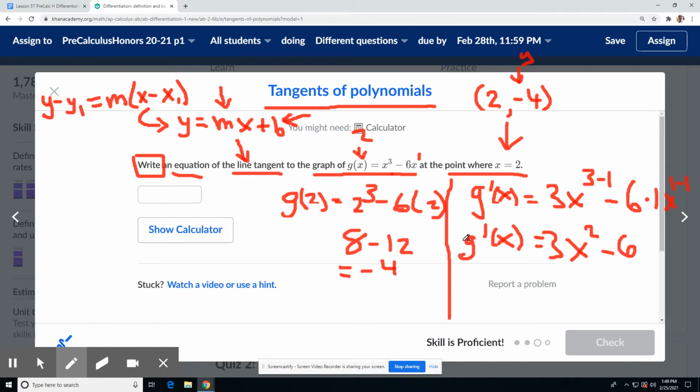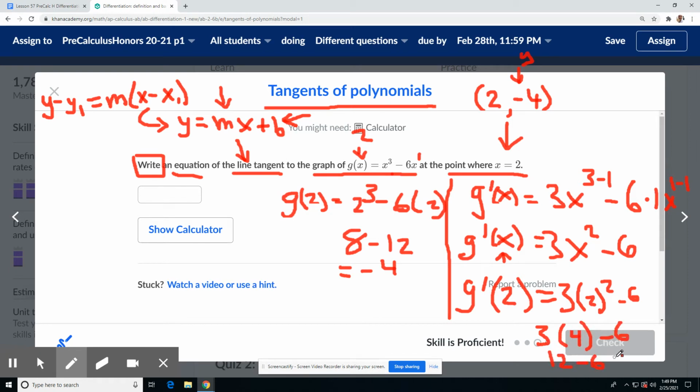Okay, so I just went ahead and dropped it, and I showed it in the last video how I did that. Now, to find the slope at this point, we plug in the input that we're looking at. So that would be g prime of 2. We're looking at x equals 2 to find the slope. So that means 3 times 2 squared minus 6. 3 times 4 minus 6 is 12 minus 6 equals 6.